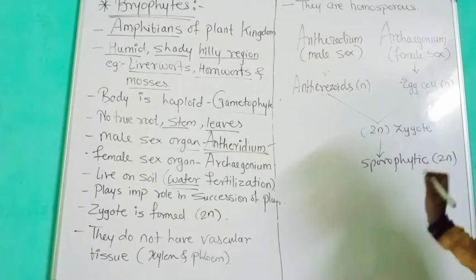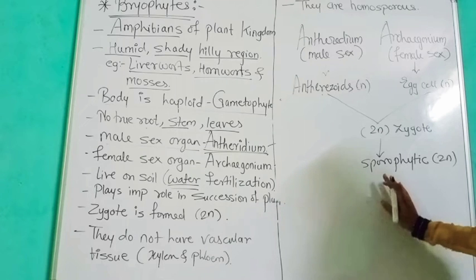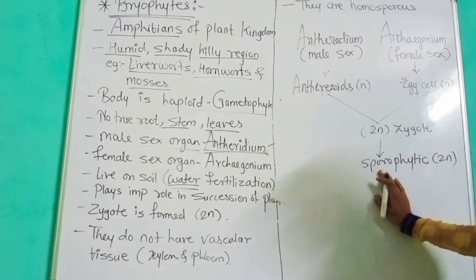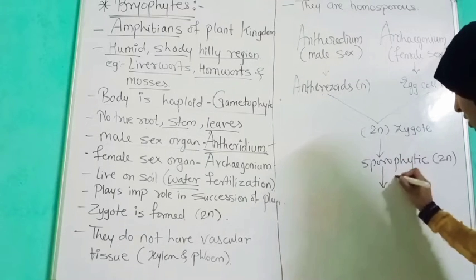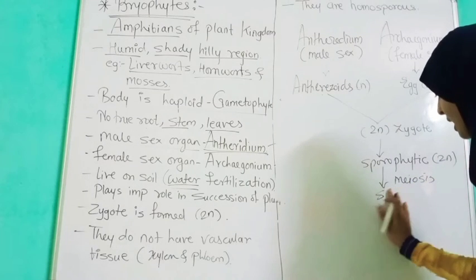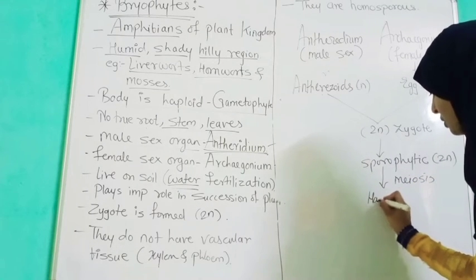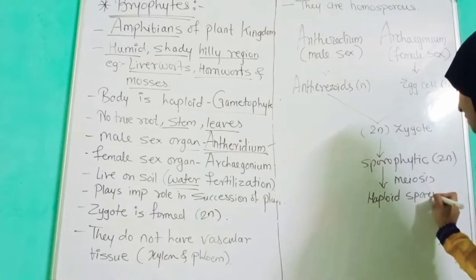After forming the sporophytic stage, it undergoes meiosis to form haploid spores.